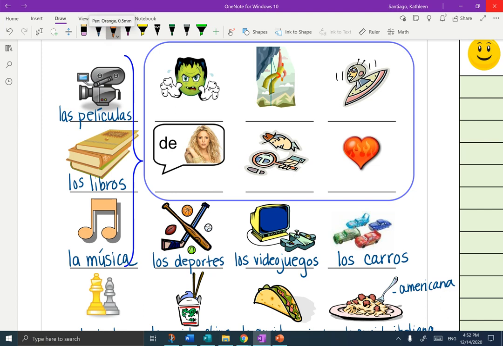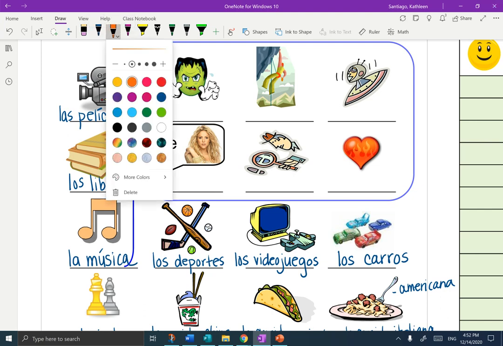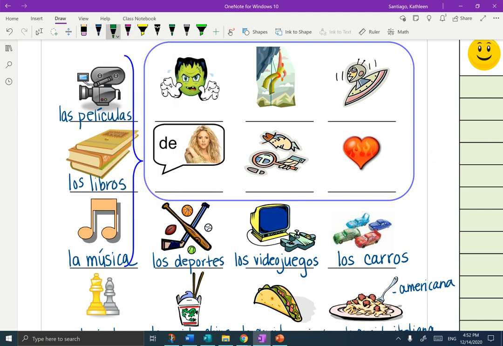So we're going to add a word behind it to describe it. So you might say las películas de terror. Right? De terror. You can say las películas de terror, los libros de terror. Now the next one is de aventura.